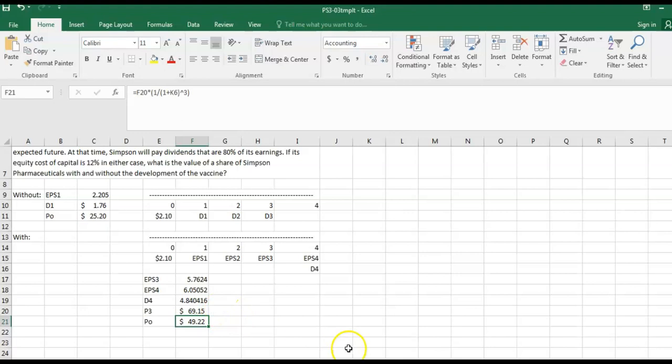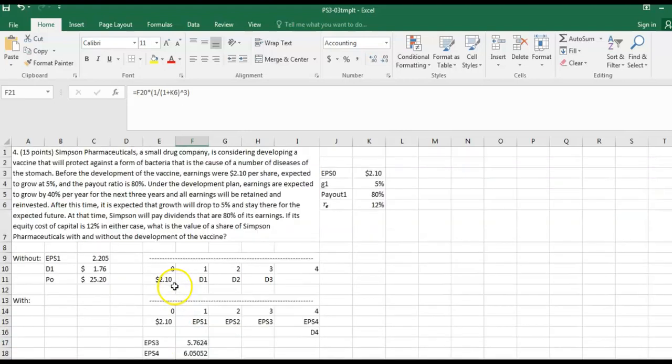We saw similar problems like this in class, where we talked about profitable or not profitable growth. It's also worth mentioning that originally this problem in the first draft, before I assigned you this assignment, included a part of the problem where we would find this growth rate of 40%.